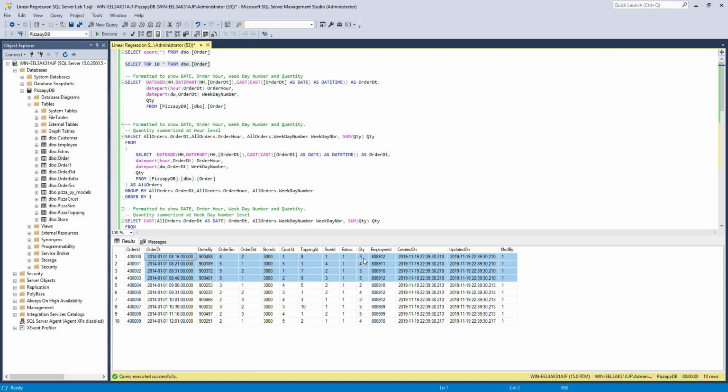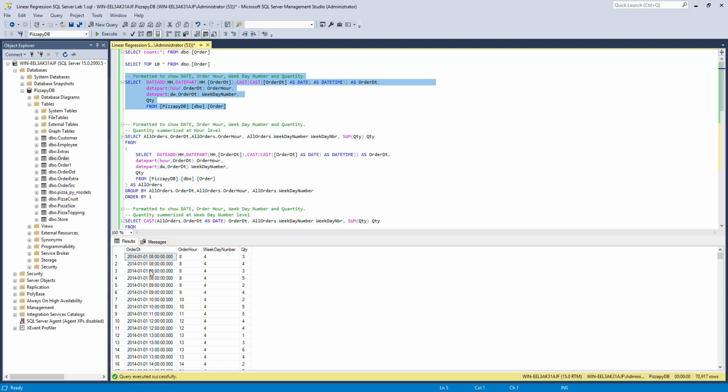So from a data science experiment perspective, you can try to predict how your day looks every hour, but that will be very granular at this point. Also, you can predict the number of orders or quantity you can expect for every day in a week, right?